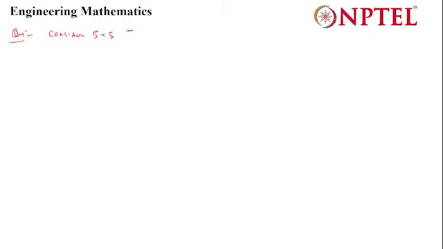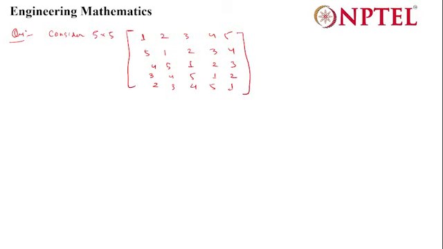Okay, so consider this is a matrix. This is a 5 cross 5 matrix, and this matrix A has one real eigenvalue, only one real eigenvalue.